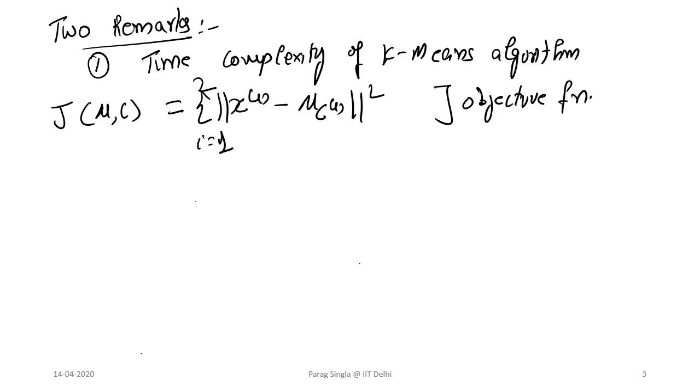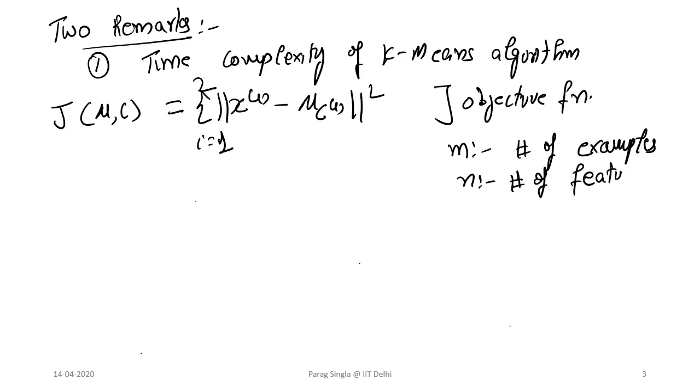And then we want to compute the time complexity in terms of the following quantities: m the number of examples, n the number of features in each example, and k the number of clusters.